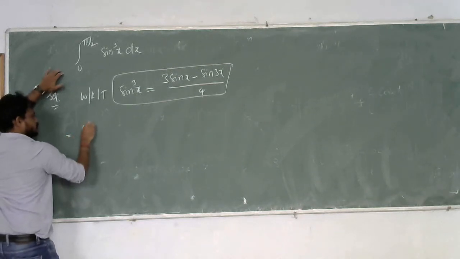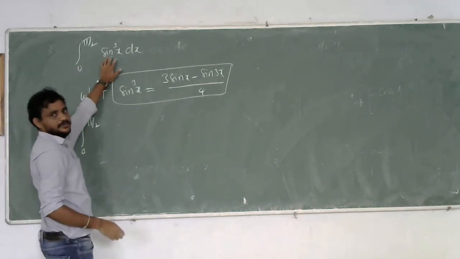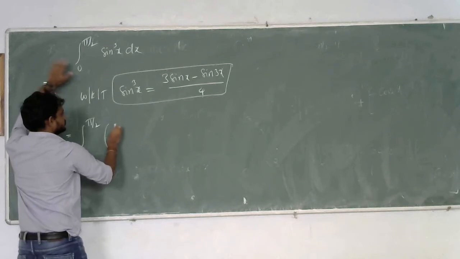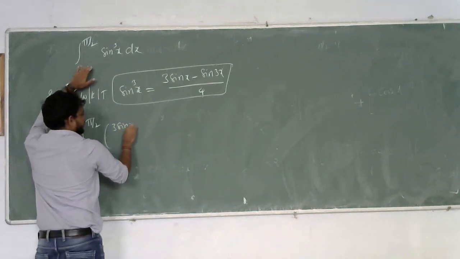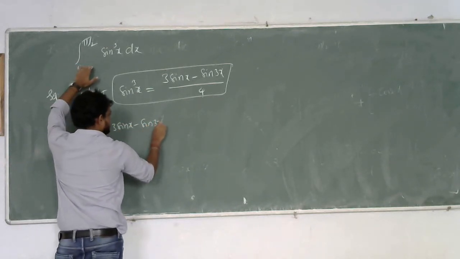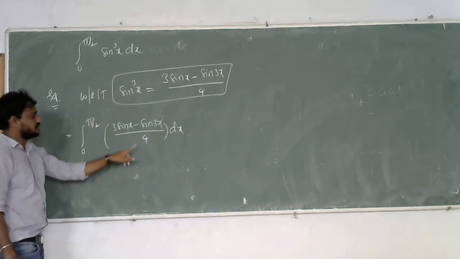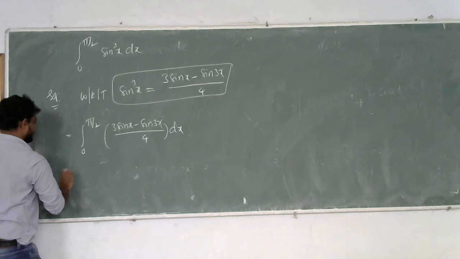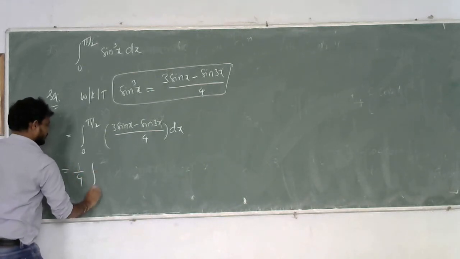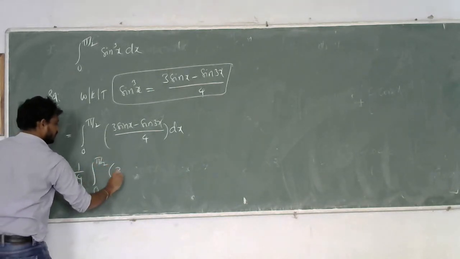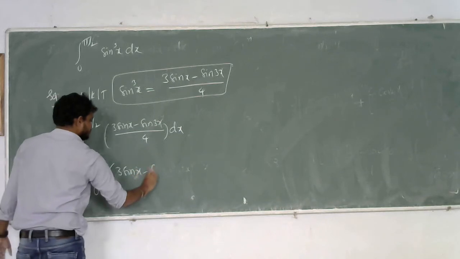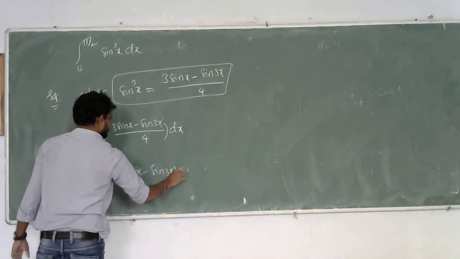So integral 0 to pi by 2 sin cube x is 3 sin x minus sin 3x by 4 into dx. So write this 4 outside, that is 1 by 4, then integral 0 to pi by 2, 3 sin x minus sin 3x into dx.